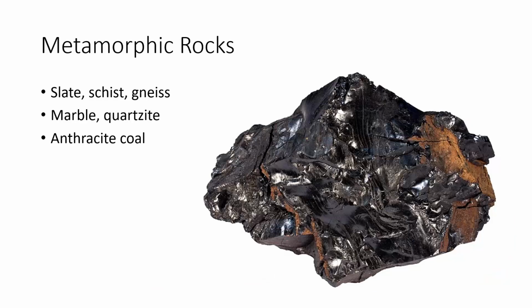The last of our metamorphic rock examples is another non-foliated rock, anthracite coal. In our last video, we learned about a sedimentary rock called bituminous coal. Anthracite coal is the product of the metamorphism of bituminous coal.